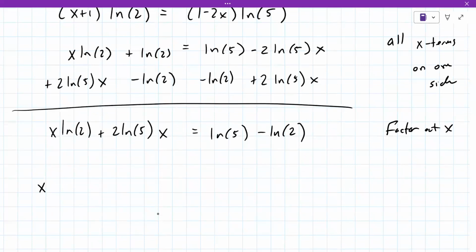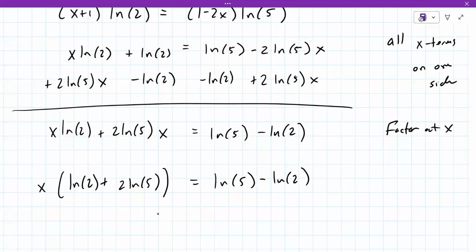Easy. So that's x times (natural log of 2 plus 2 natural log of 5), same right-hand side. And then, as horrible as it looks, it is just a number, and you divide both sides by that number.